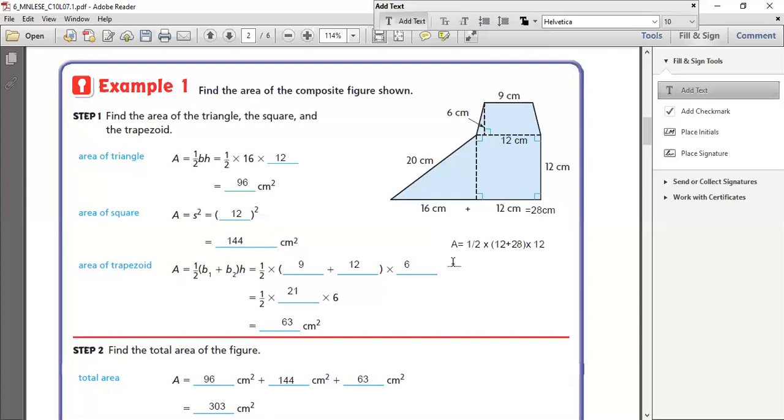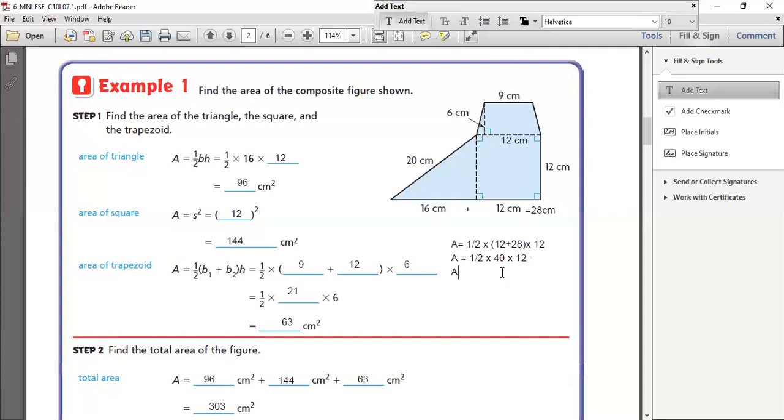So first let's add them up. A is equal to half multiplied by 12 plus 28, which gives me 40, multiplied by 12. So I need to solve this. Half of 40 is going to be 20. So 20 multiplied by 12 is going to give me how much?